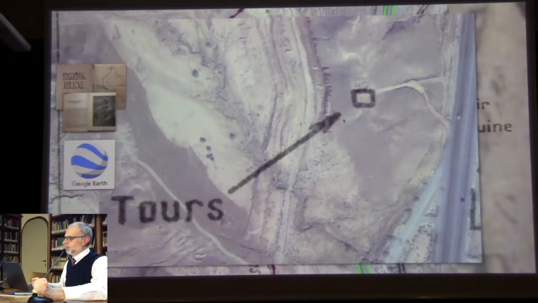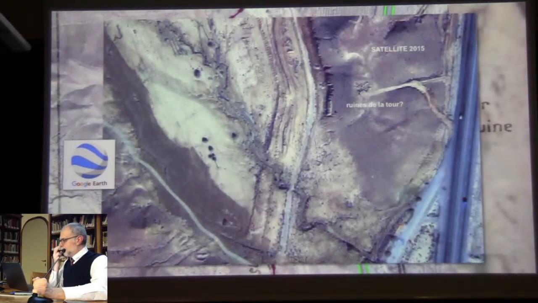So, because I used this particular picture from Google Earth, the one below, it is overlaid with Baradez. You see that Baradez data is quite precisely aligned with the satellite picture of this tower here. Okay, but we could not find it. So what happened? This is the satellite image of 2015.